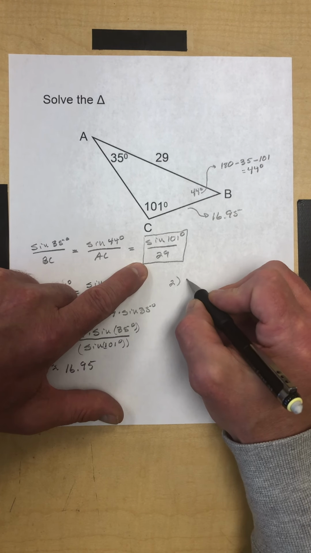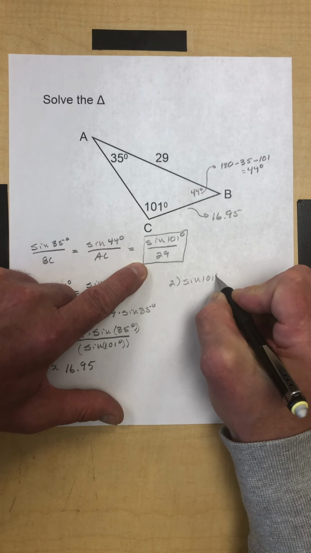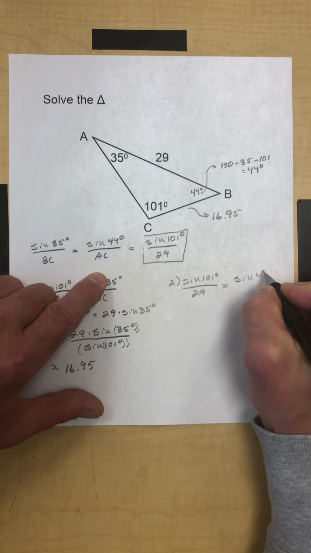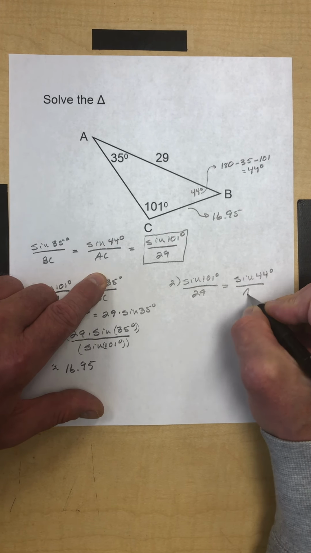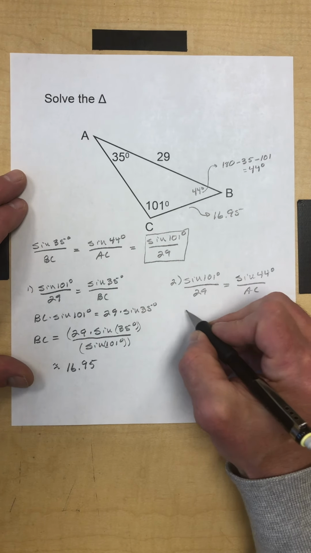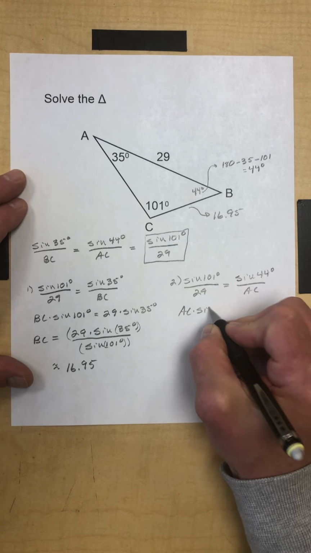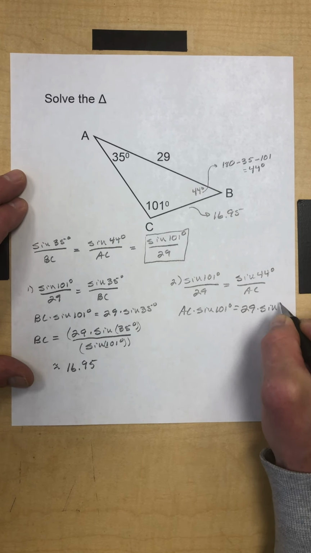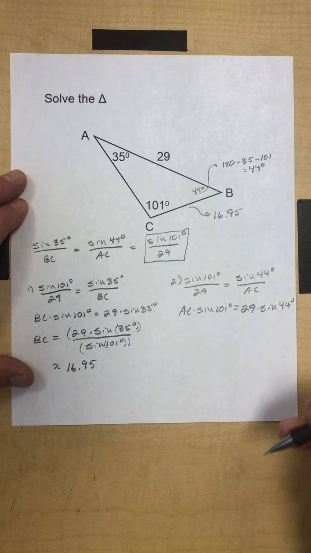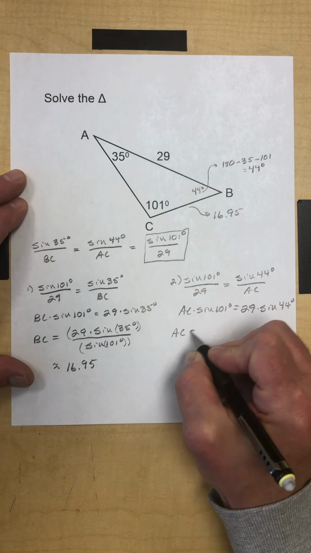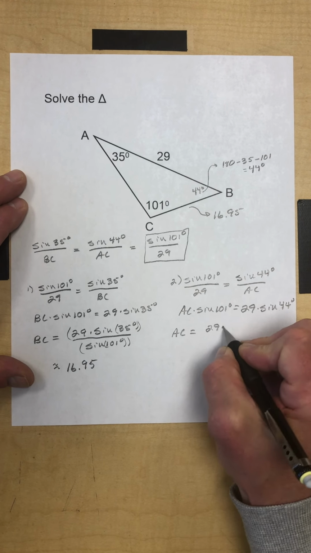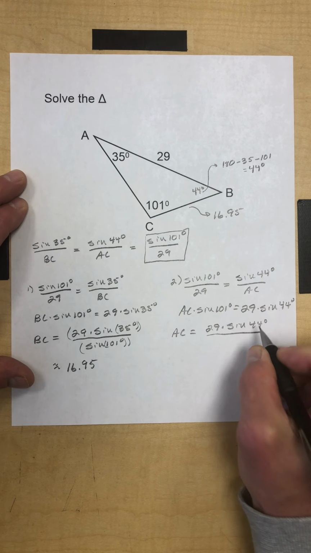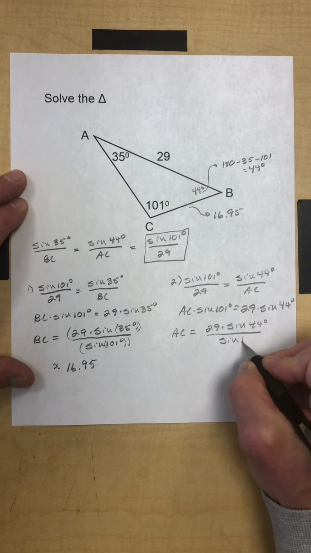Let's go and find AC. I take my cornerstone ratio, sine of 101 divided by 29 equals the sine of 44 divided by AC, and I take my cross products. AC times the sine of 101 equals 29 times the sine of 44, and I divide both sides by the sine of 101. So AC is 29 times the sine of 44, all divided by the sine of 101.